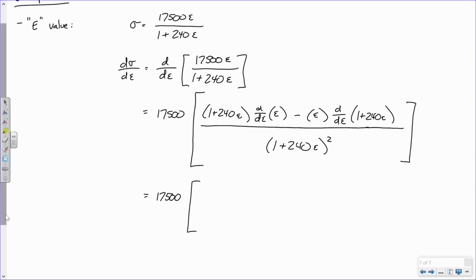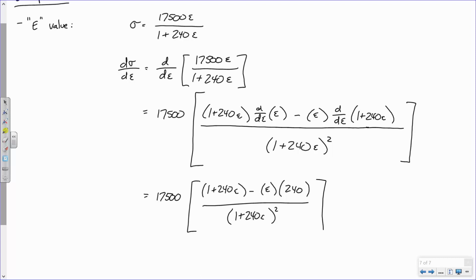Okay, so what's the derivative of epsilon going to be? 1. Okay, so 1 plus 240 epsilon minus epsilon. And what's the derivative of this going to be? 240. So that fraction, what do we got on the top?